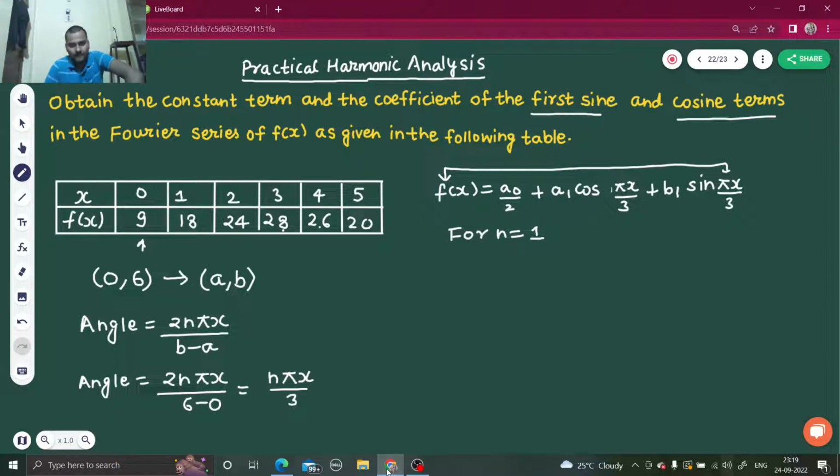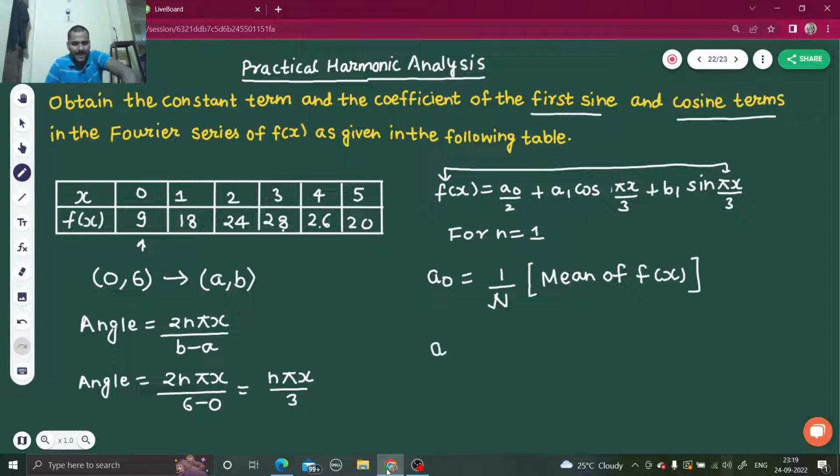Now what will be your a naught? This is interesting. Your a naught will be 1 by n, then the mean of y, and y here is f(x).